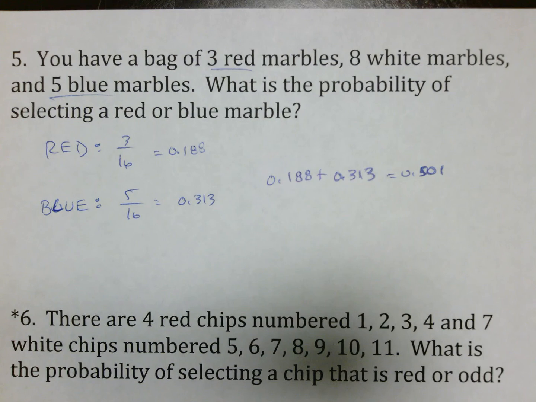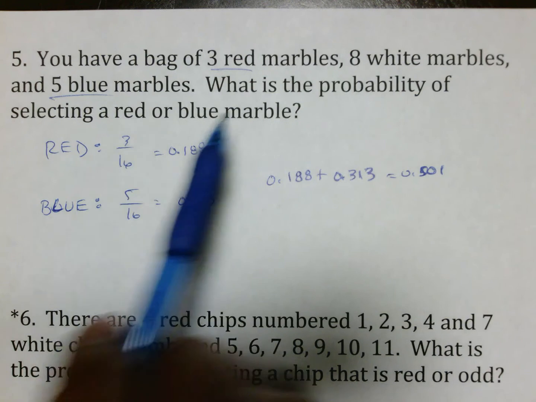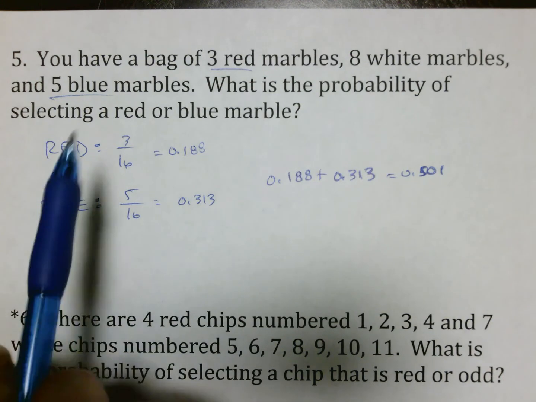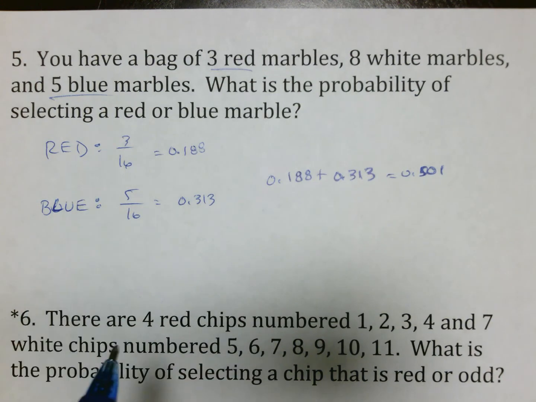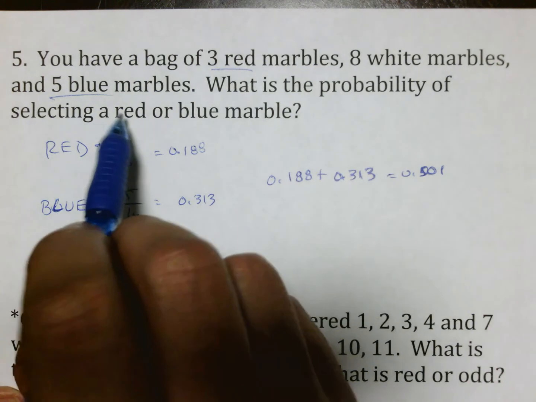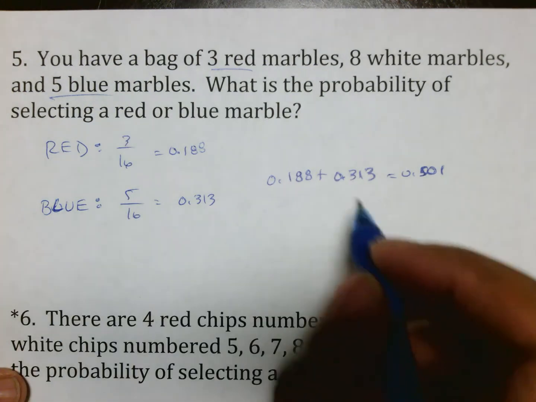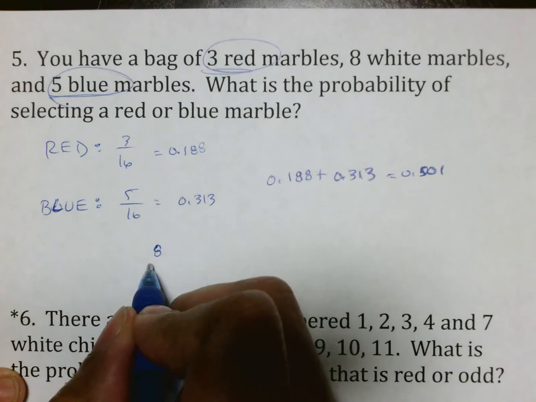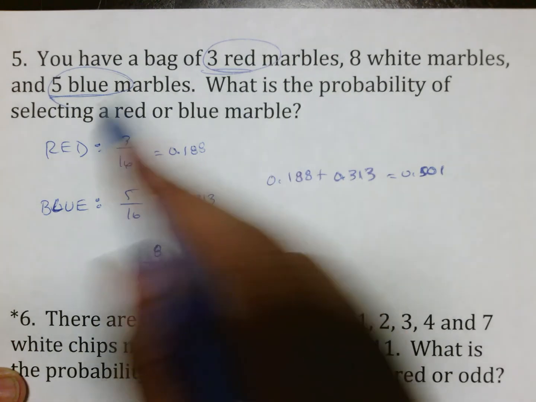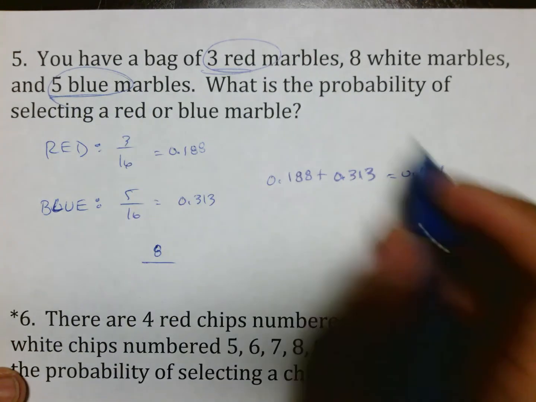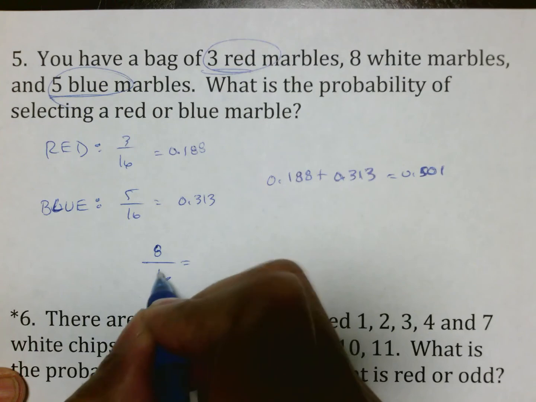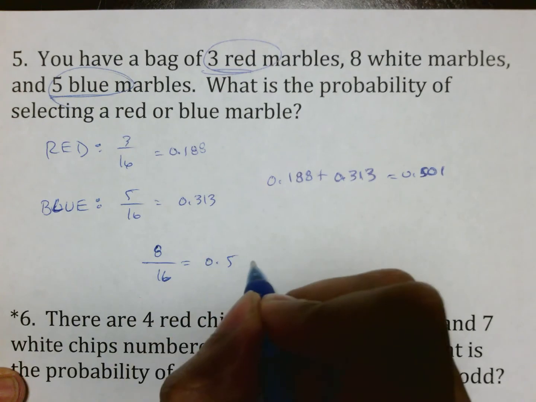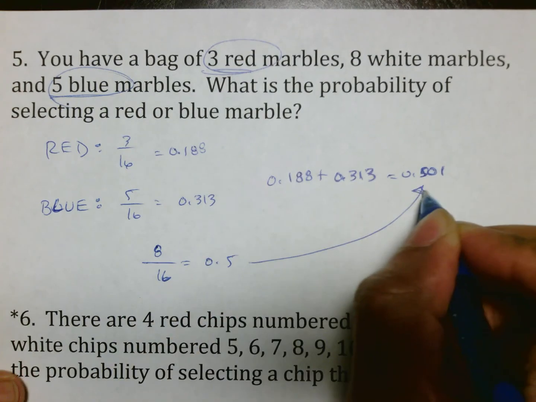Now, if you look at number 6, you'll notice that it has an asterisk by it. I'm doing that because I want you to understand that there are actually 2 ways to do an OR problem. I show you this way because if the numbers are really out of control, then you definitely want to use the system here. But what you also could have done if you want a red or a blue marble is look at your number of successes, which is 3 reds and 5 blues, which makes 8 total marbles to choose from out of 16, which, as you see, is pretty much the same as that.